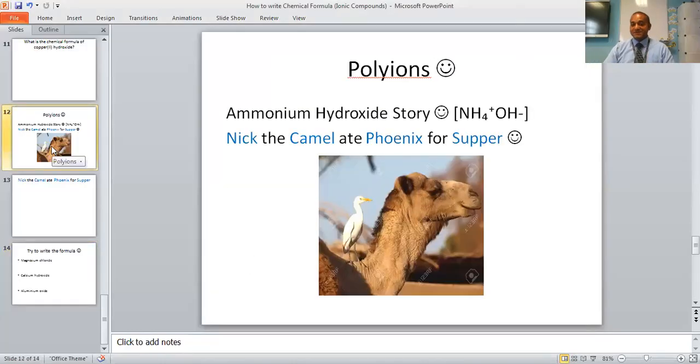And last but not least, if it is a transition element, you would look at the periodic table as well. You notice that the names of those are given by Roman numerals, except for silver, which is Ag plus, and zinc, which is 2 plus.